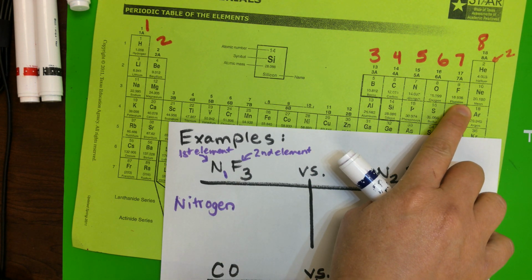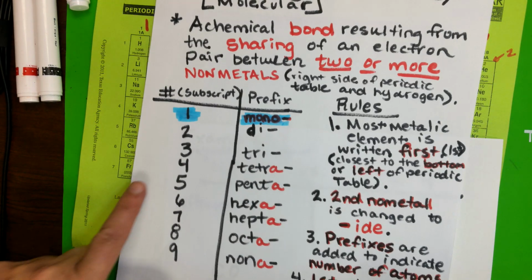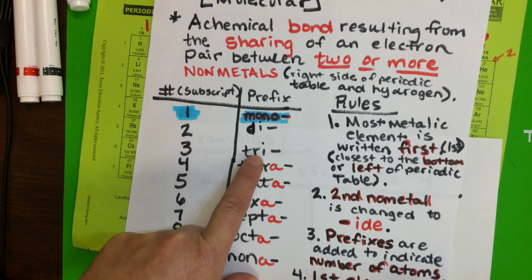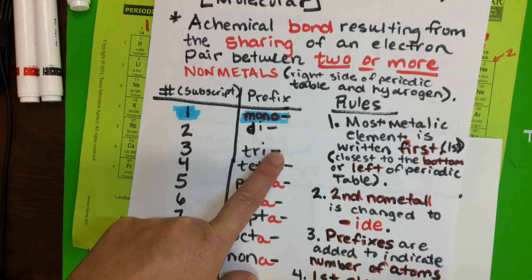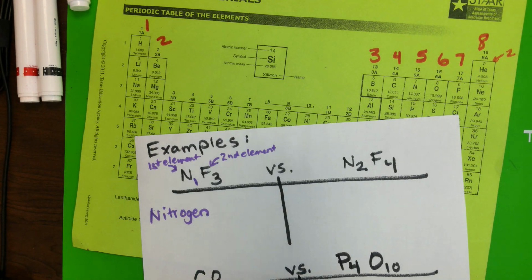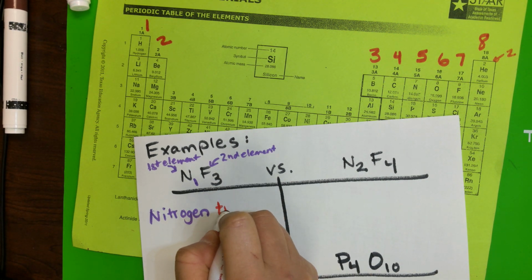It says fluorine, but it has a 3. If it has a 3, then it has a prefix of tri. That means at the beginning it's going to show tri, and I'm going to put tri in red.